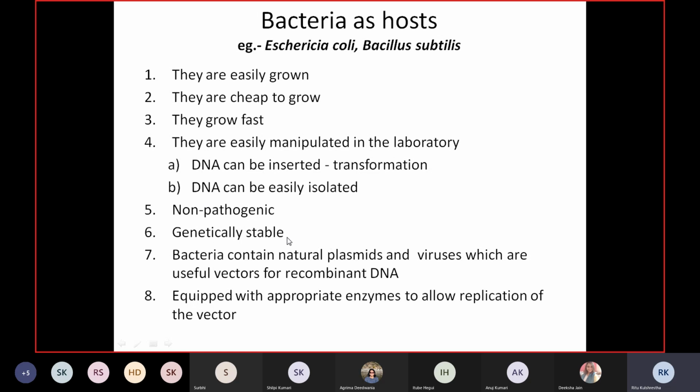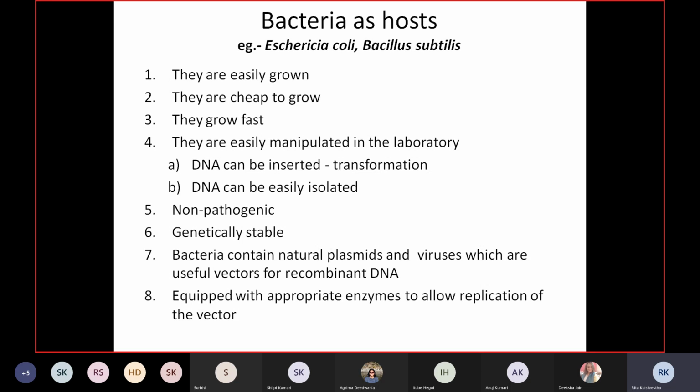Then one very, very important property is that whatever you are cloning into bacteria, your foreign DNA, it should be extremely stable in nature. It shouldn't be that you use so much of resources and time in developing a recombinant strain, but finally you find that it is lost over time, or it is getting a lot of recombinations and mutations are taking place in that.